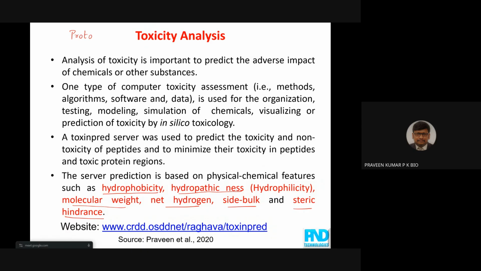ProTox3 is generally used for determining toxicity for small molecules; that kind of server also uses these kinds of properties for prediction. Here, if you want to predict toxicity for peptides, we use the Raghava web server, ToxinPred. In ToxinPred, the toxicity calculation is done through the physicochemical properties of the peptide.